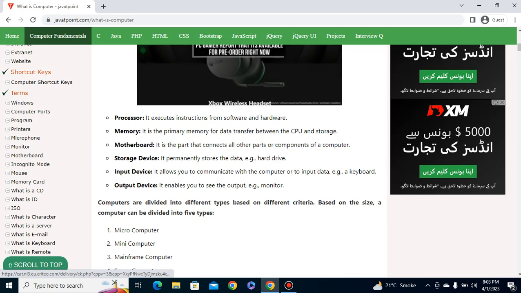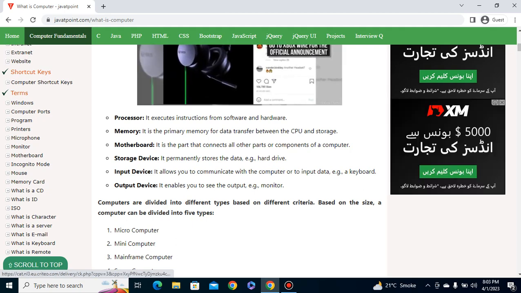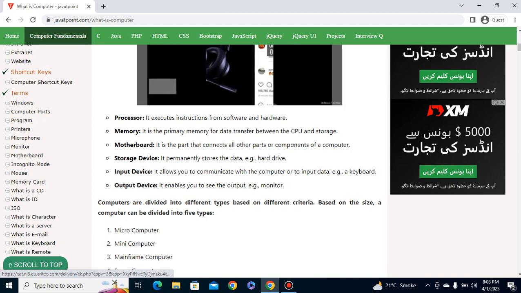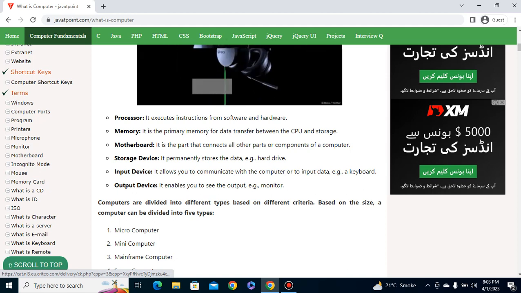Storage device. It permanently stores the data, e.g. hard disk. Input device. It allows users to communicate with the computer or to input data, e.g. a keyboard. Output device. It enables you to see the output, e.g. monitor.